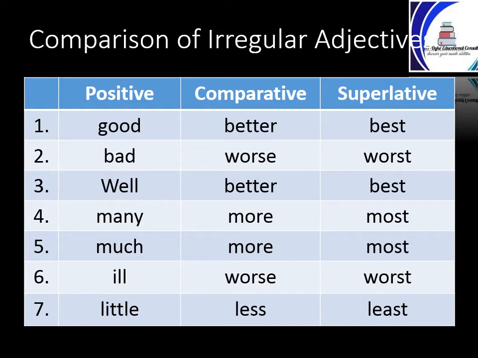Much, more, most. Ill, worse, worst. Little, less, least. Do you see how different the comparative and superlative forms of these adjectives are? Such adjectives are not many in English, so you can easily learn them.